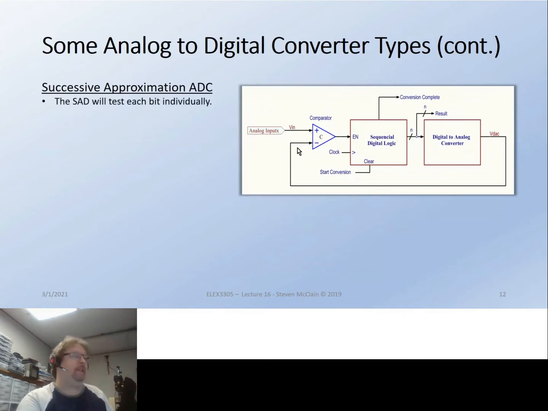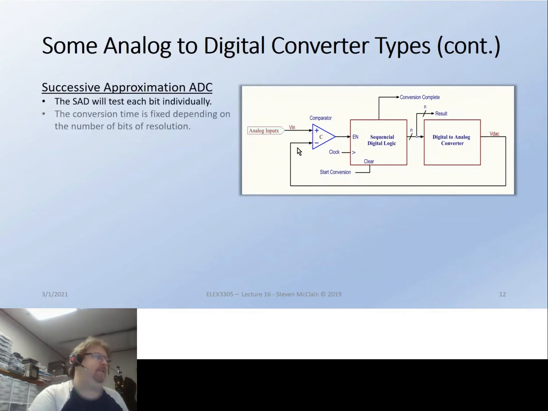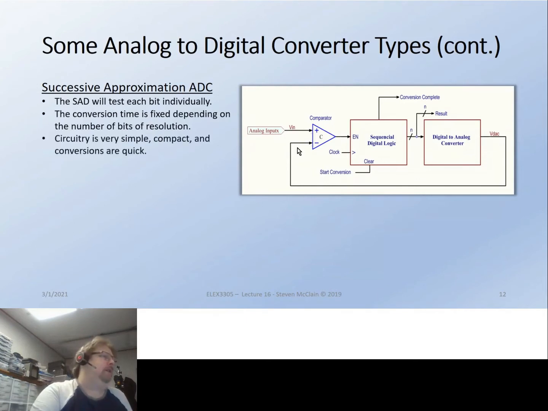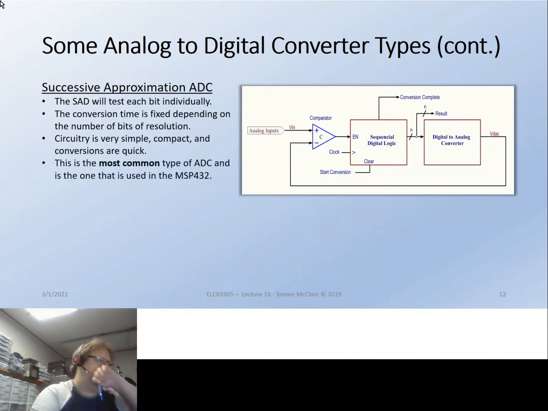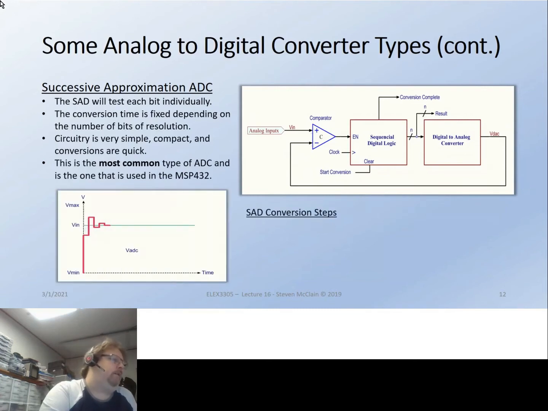It's going to test each bit individually, and you get the same conversion time because it's basically your clock cycle. It's got to convert one clock cycle per bit, plus maybe some. It's simple, compact. Conversions are quick. They always take the same time. It's by far the most common type, and it is the one that's being used on our device.